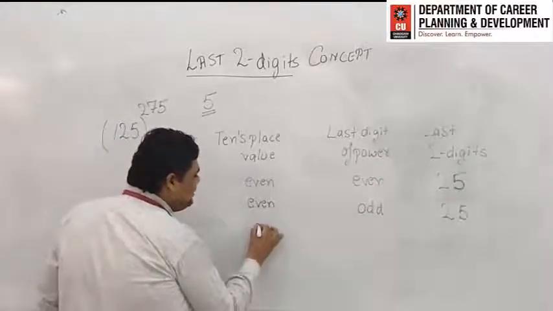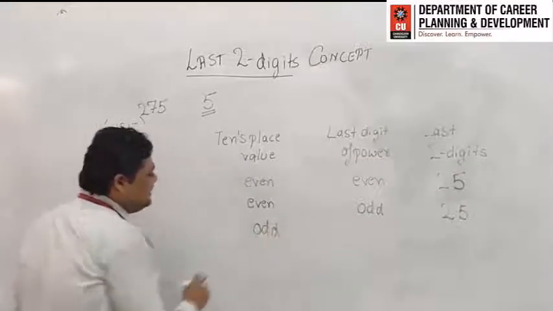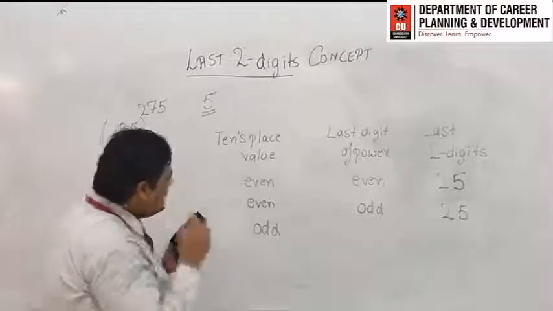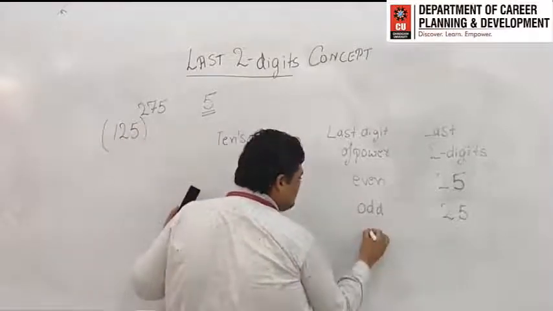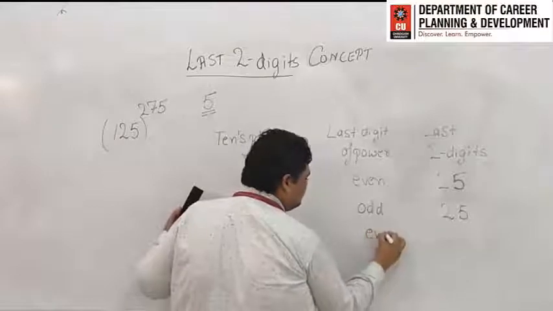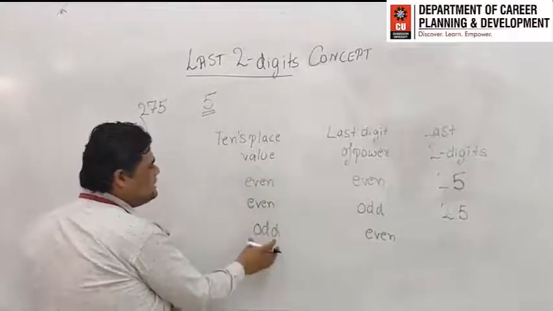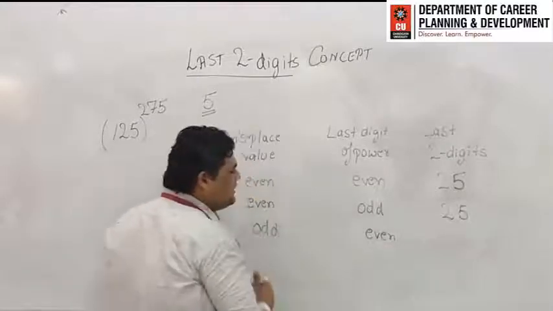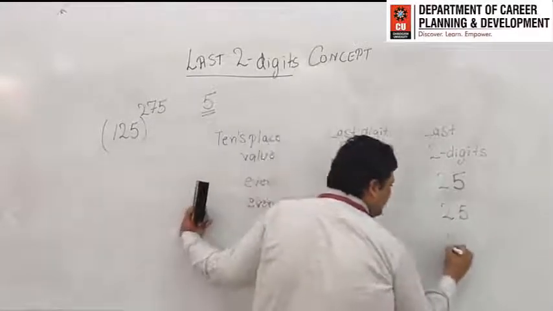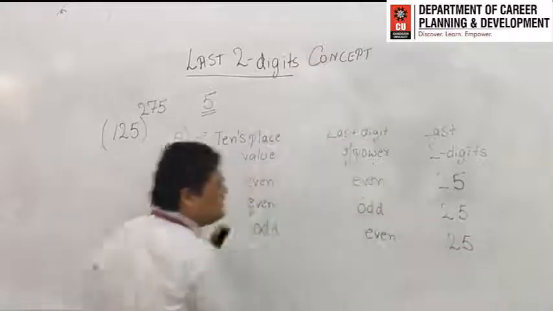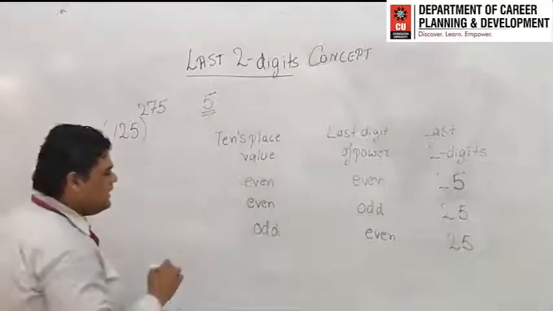If the tens place value is odd and the last digit of the power is even, again it will end with 25.